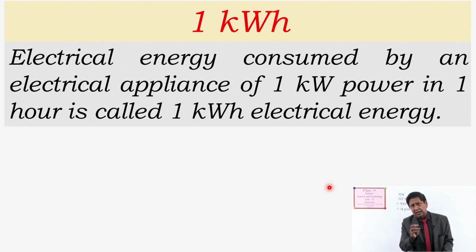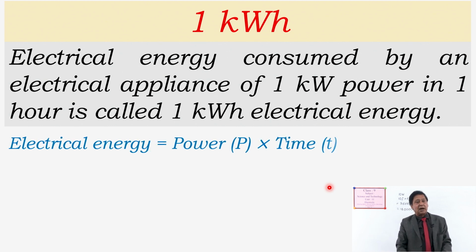It means if we are using a heater of 1000 watt for 1 hour, this is equal to 1 kilowatt hour. In daily life, we say 1 unit. The same is called 1 unit.